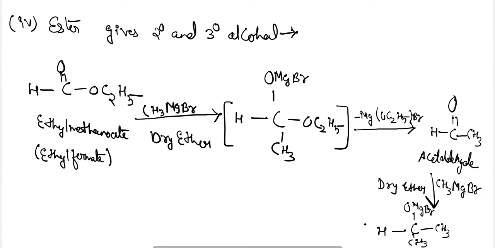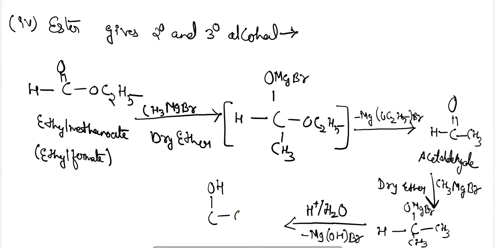On the hydrolysis of this addition compound, we will release Mg(OH)Br, and alcohol will be formed, which will be the secondary alcohol, isopropyl alcohol.